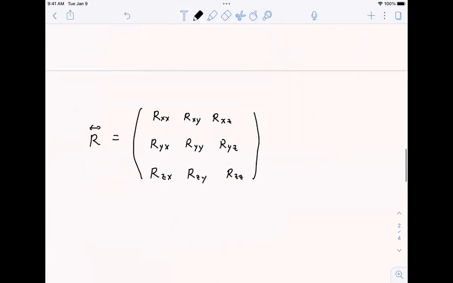This is related to d alpha over dq, right?